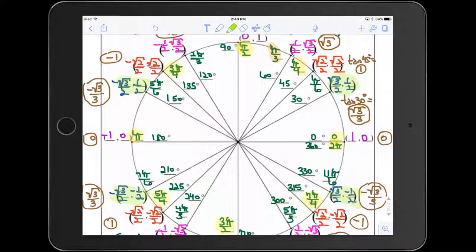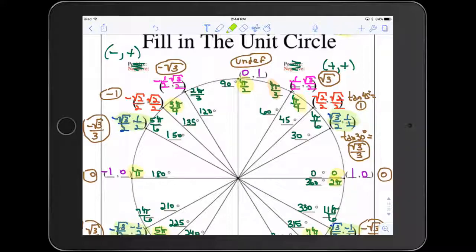The reason that's happening is because anything in this quadrant, the first quadrant, is positive on the x and positive on the y. So any point in this quadrant is going to be positive, positive. That's why the values all in this quadrant are positive.